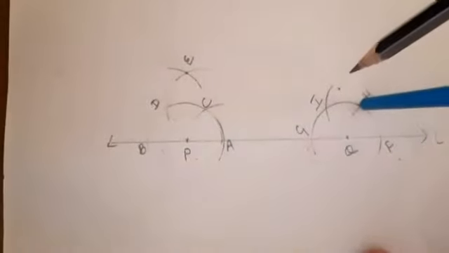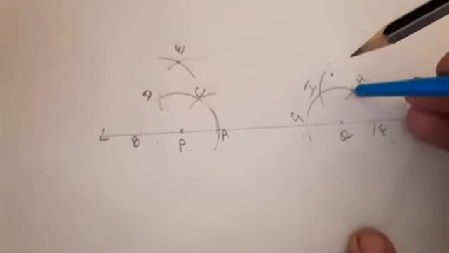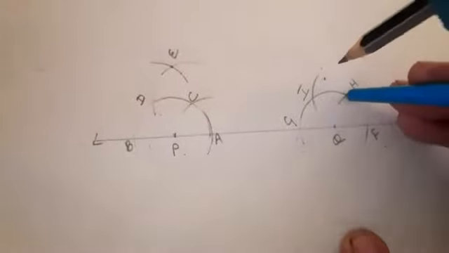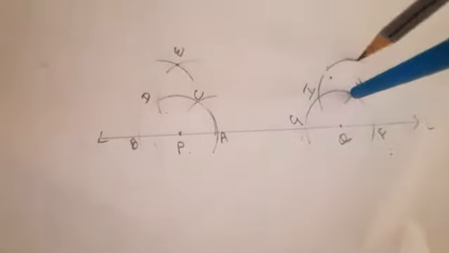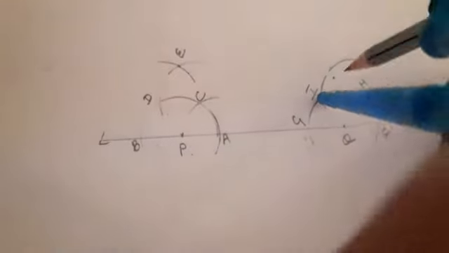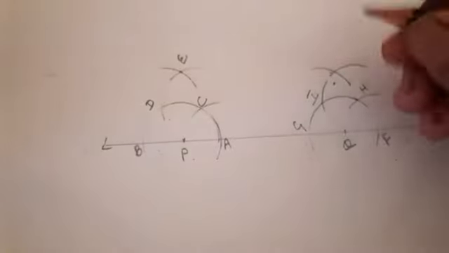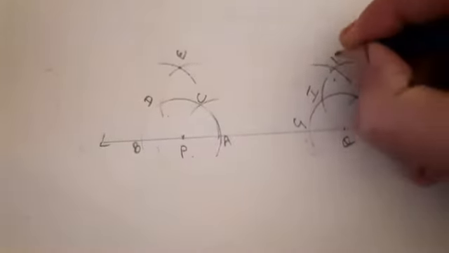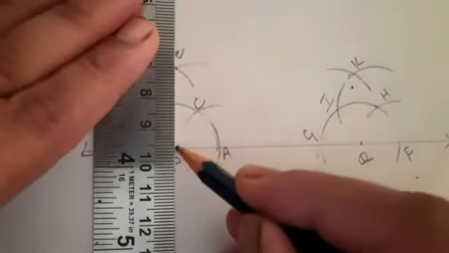Now keep H as a center, draw arc and I as a center, one more arc which cuts the previous arc at K. Now join PE and extend it.